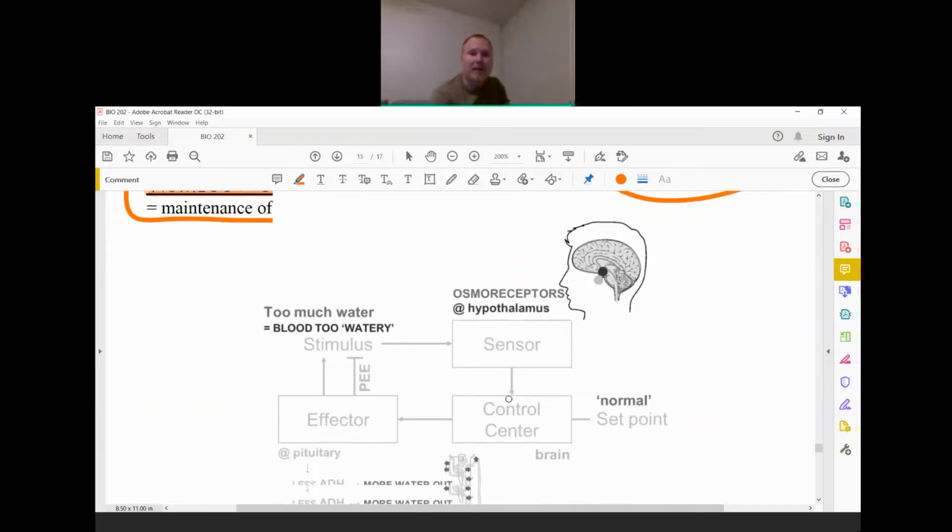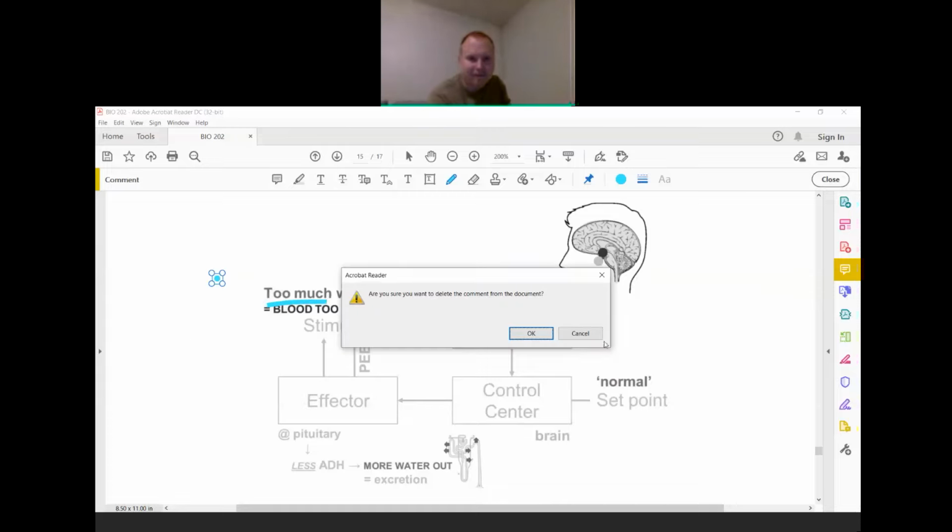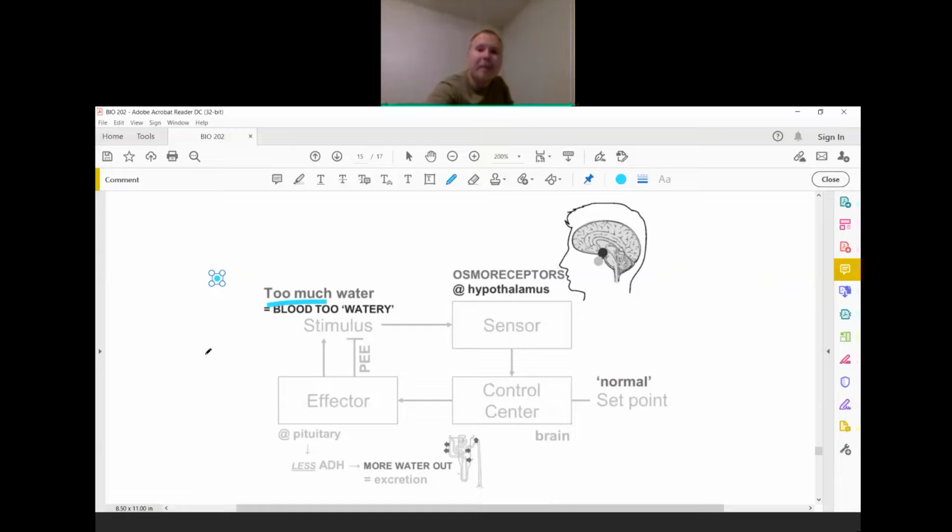So let's have a look at the situation where we have too much water in the body. Now you could say that our blood is almost too watery. Well, we detect that by the osmoreceptors, which are located at the hypothalamus within our brain, and that information gets passed to the other parts of the brain, where we have the set point, the normal amount of fluid that we should have in the body.